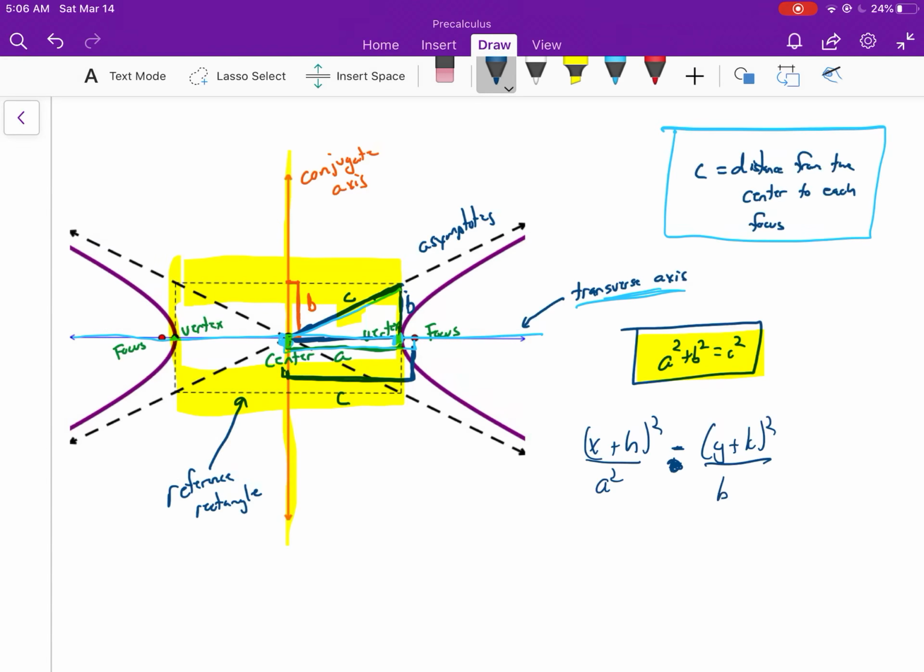And then b squared is under, in this case, the y. The a has to do with your vertices, the distance from the center to the vertex, and b has to do with the distance from the center to the endpoint of the conjugate axis.